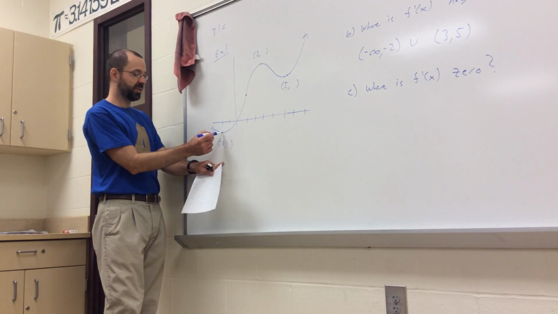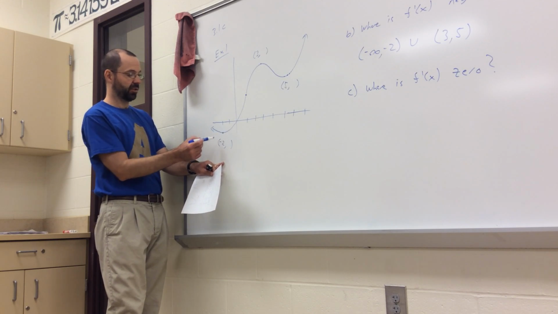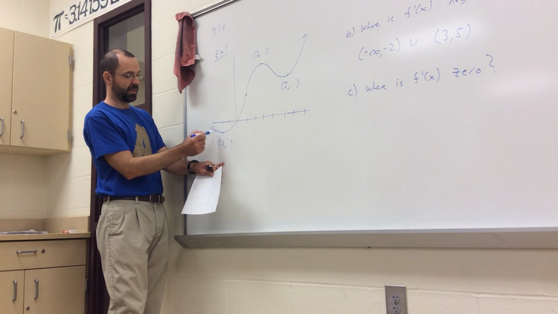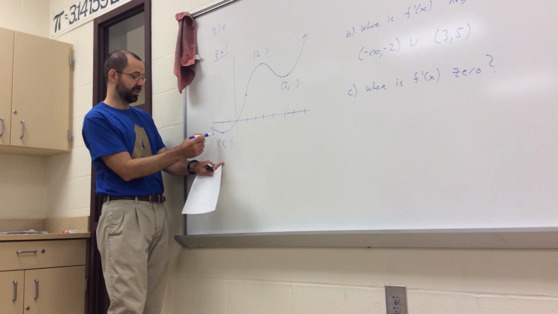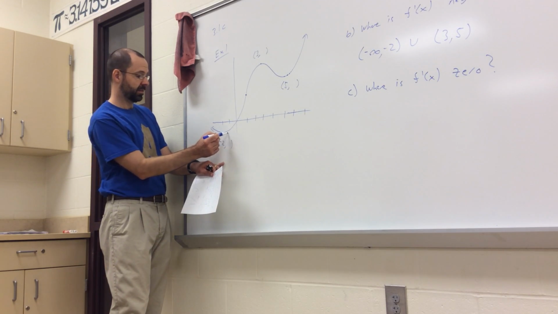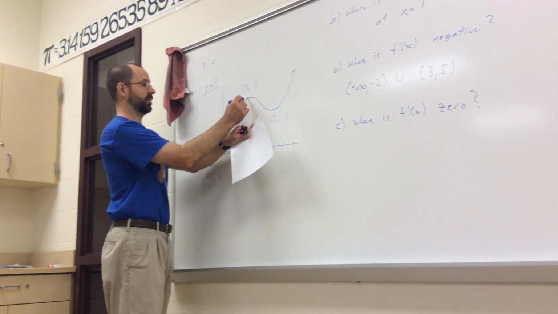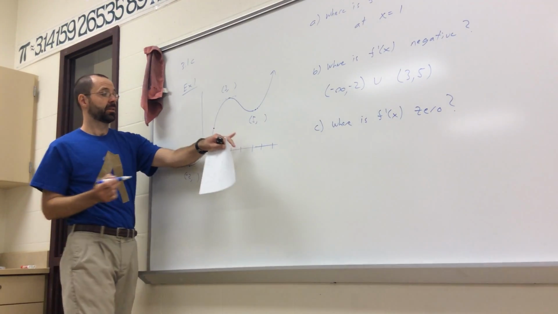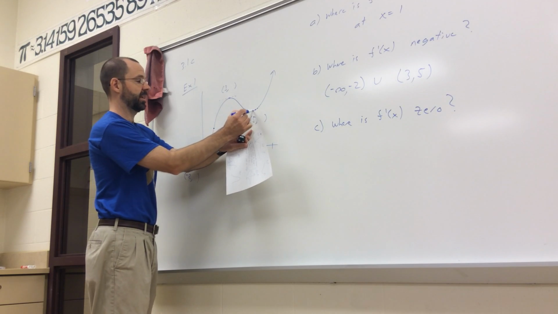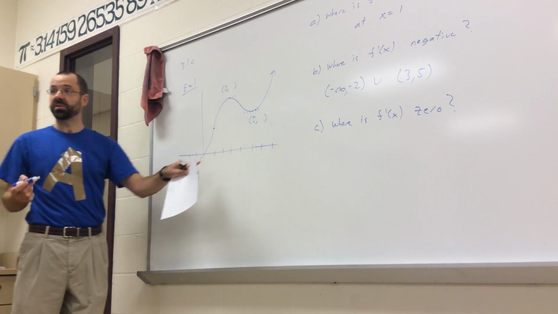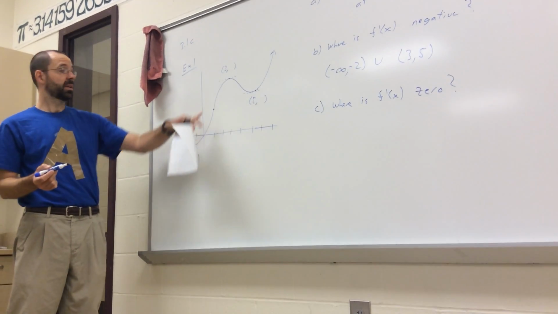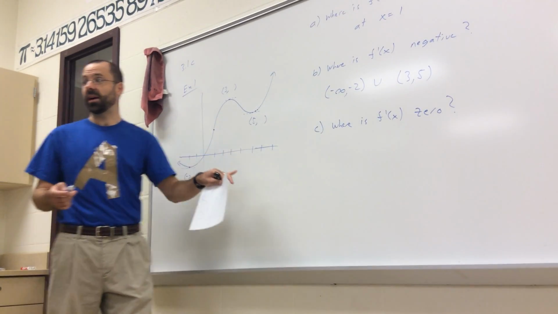Yeah, these 3 points that I emphasized are, yeah, at negative 2. So at the bottom of the trough, the slope is zero. So the tangent line would look like that at negative 2, and the tangent line would look like that at 3, and the tangent line would look like that at 5. So the slope is zero at x equals negative 2, x equals 3, and x equals 5.